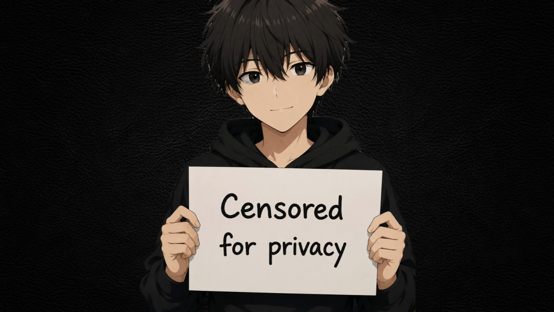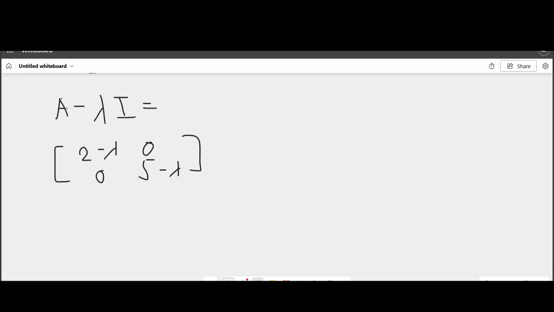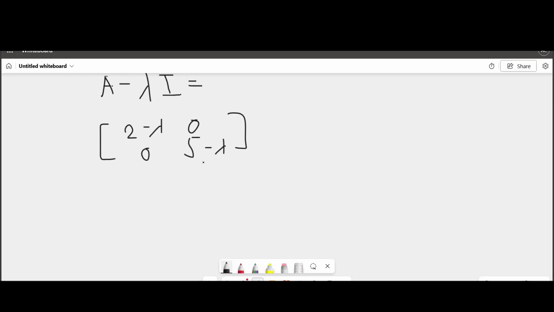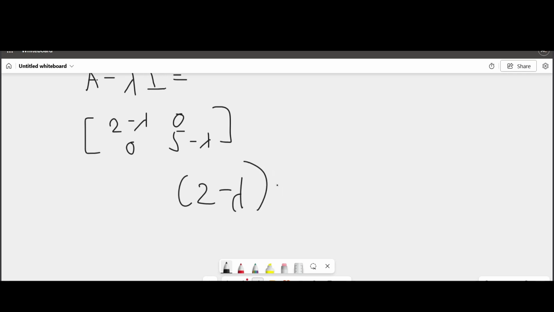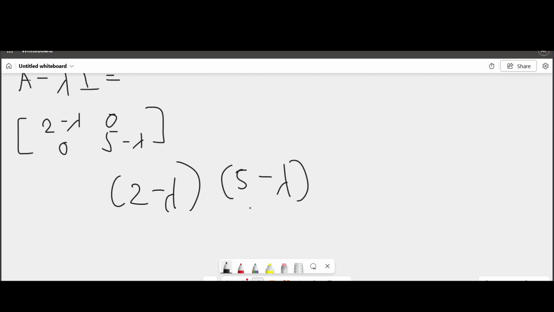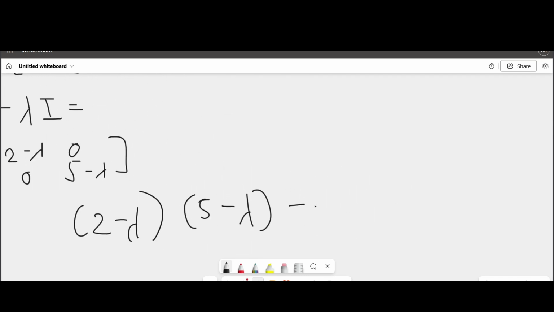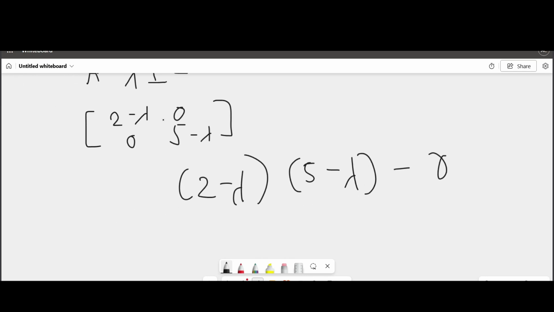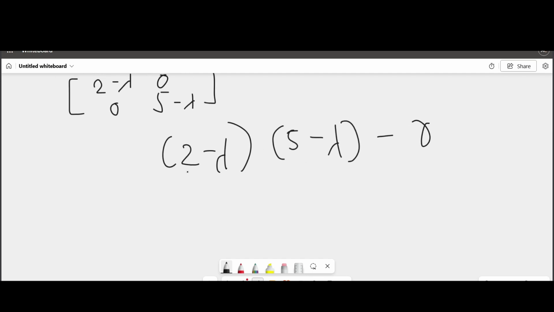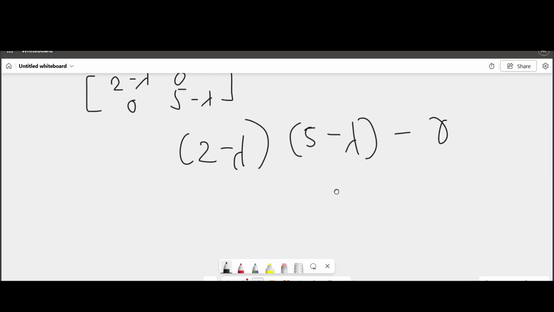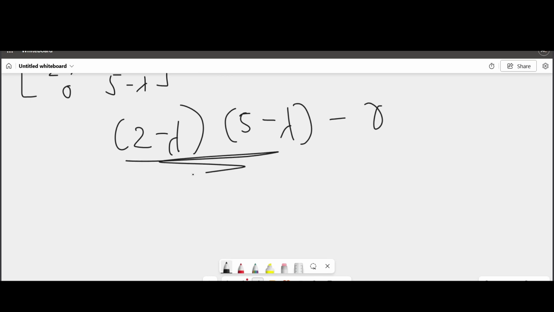So we have 2 times (5 minus lambda), then we subtract 0, because 0 times 0 is just 0. Now we have to FOIL these two parentheses.